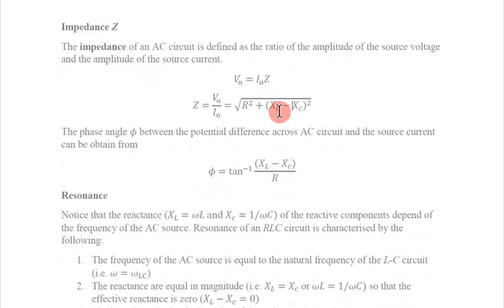The impedance is the combined effect of all the resistances in the circuit and the reactances in the circuit. So we find it by either the ratio of the source voltage amplitude to the source current amplitude, or we can also find it by finding the square root of this whole sum.